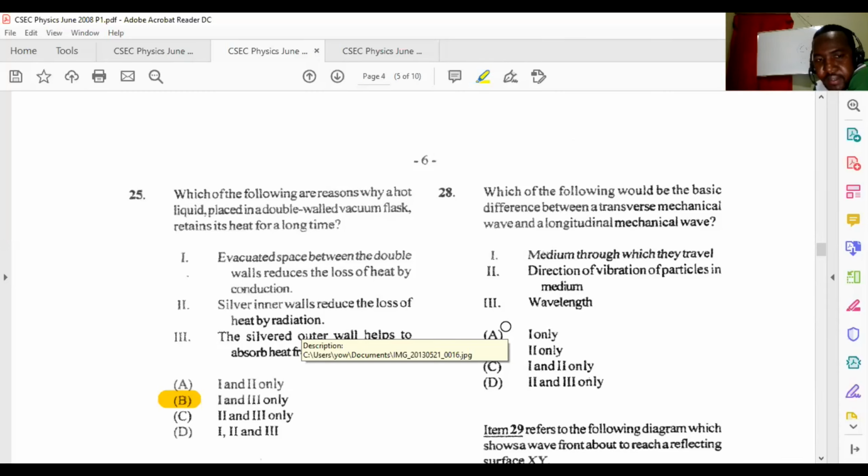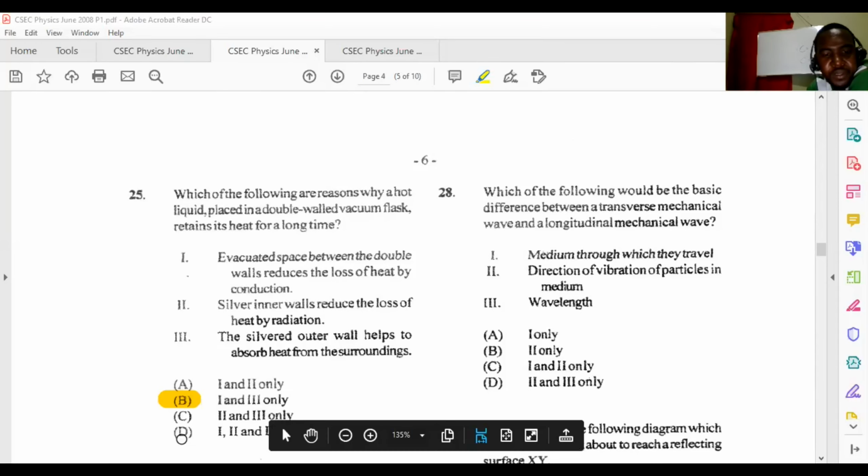But sir, wouldn't that be the same thing as saying it reduces the loss of heat? Oh yes, that is true. So it's actually the other way. So it's 1, 2, and 3. So it's D. So let me remove this. So D.